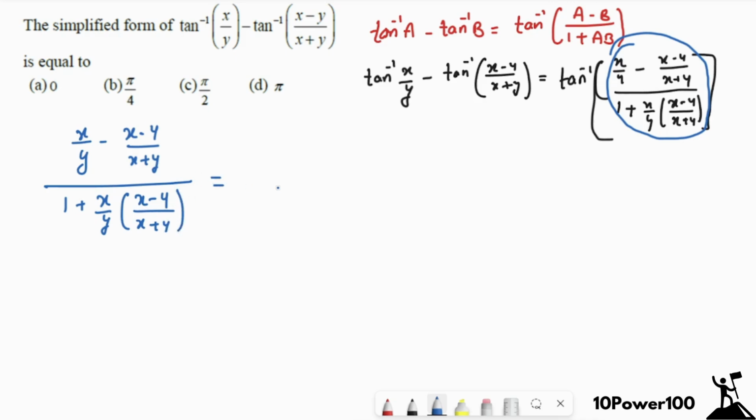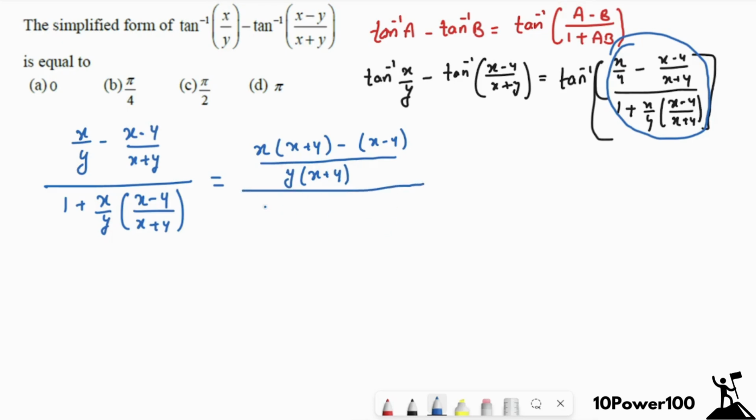Now if you take LCM, we get the numerator, it is x of x plus y minus y of x minus y, all divided by y of x plus y.